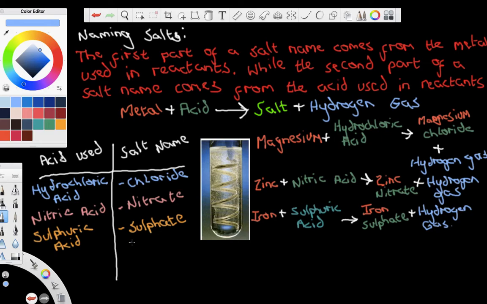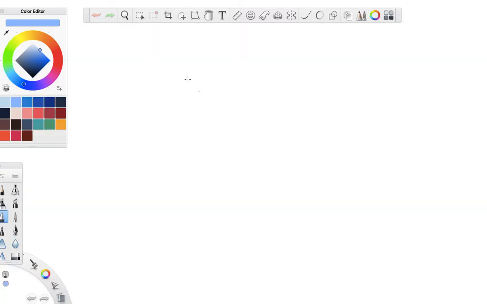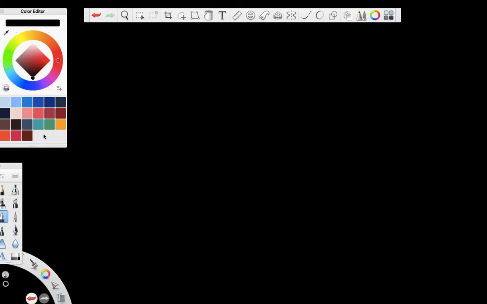Now, the only bit we really need to think about now is how we would test for hydrogen gas. Okay, so I've told you that hydrogen gas is produced, but how do we know that? So I would like you to put the subheading, please: Testing for hydrogen gas.